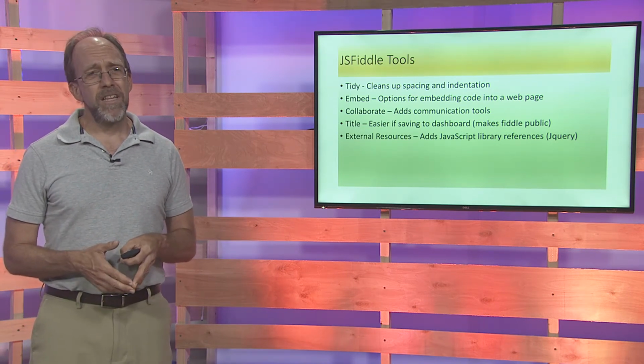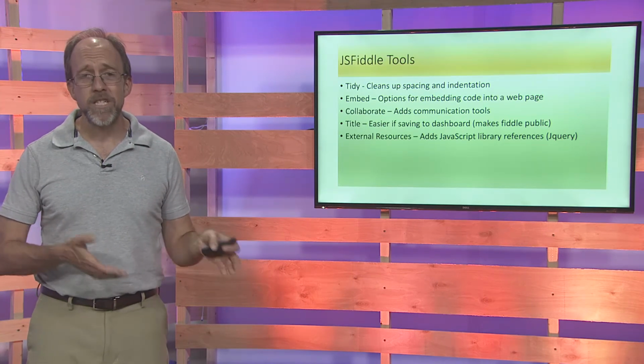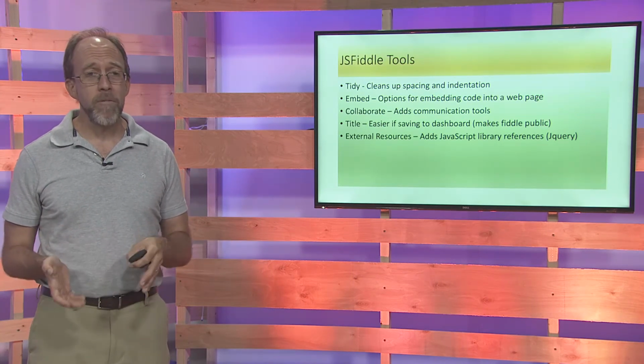But trying to find a piece of code that you've written by trying to remember the hash is absolutely crazy. Give it a good title, COP 3530, assignment 2, my first try. Something that you can go back to, because you're going to have a dashboard of all your code, so you want to be able to get back to it very easily. And it also allows you to bring in a lot of external resources, which are kind of interesting.